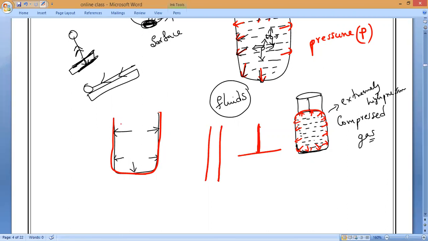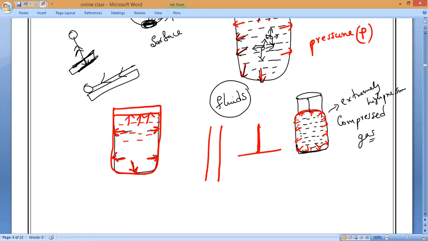See here, if this is the liquid, the pressure exerted by the liquid on the walls is like this, perpendicular to the surface. This fluid like this, this fluid like this, and this fluid like this. If it is a closed container, then the upper liquid is also exerting pressure like this.